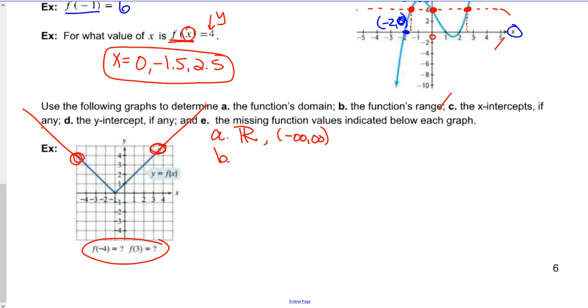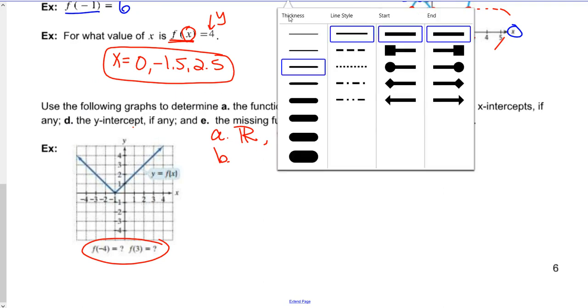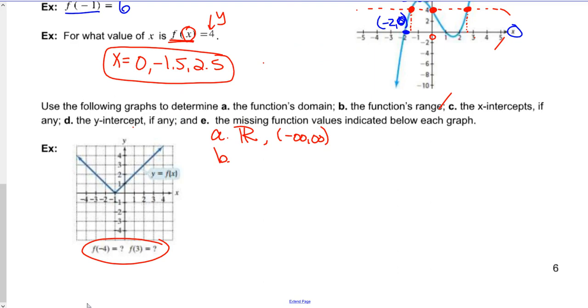Okay? Now, the domain, or excuse me, the range is a little bit different. The range now, we are looking at what values in the y direction do we have. So for instance here, there's nothing on my function down here. Now we're looking vertically, kind of up and down. So if I start here, that's the bottom out point. That's the minimum of my function.